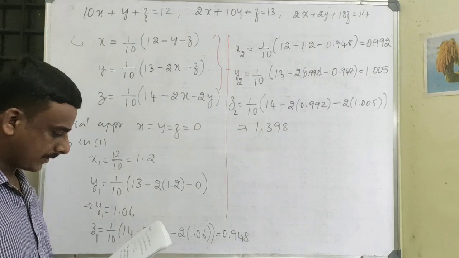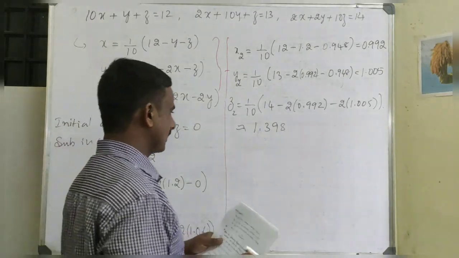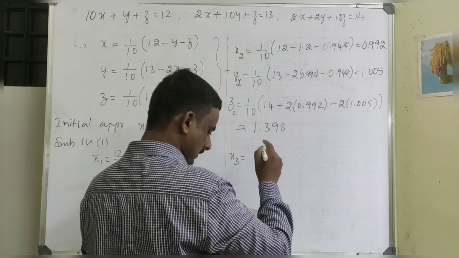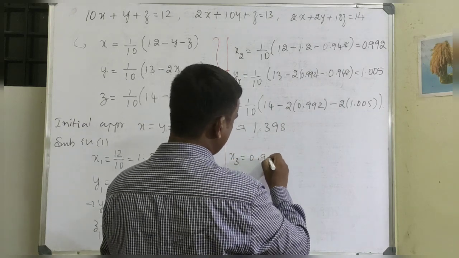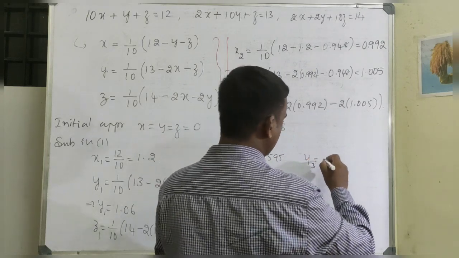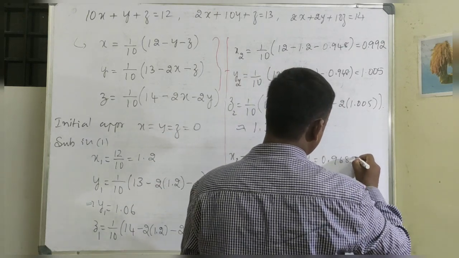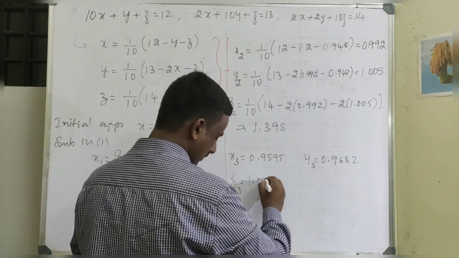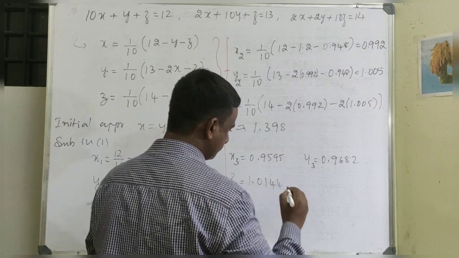If you continue this process, you get x3 0.9595, y3 0.9682, z3 1.0144.